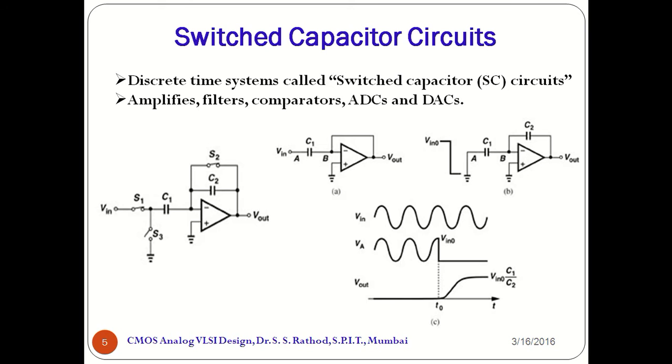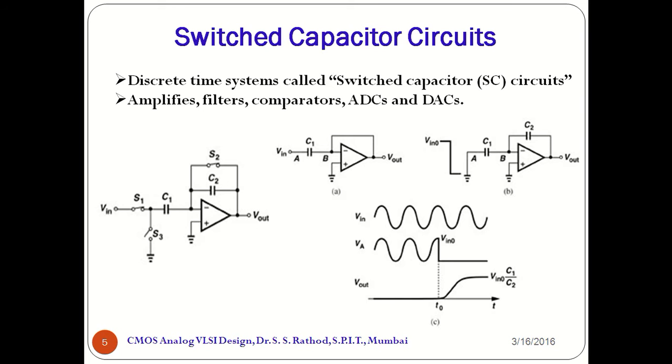The output voltage change can also be calculated by examining the transfer of charge. The charge stored on C1 just before T0 is equal to voltage times capacitance, that is Vin 0 into C1. After T equal to T0, the negative feedback through C2 drives the op-amp differential voltage, and hence the voltage across C1, to 0.